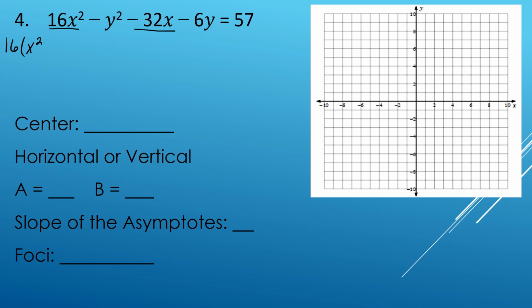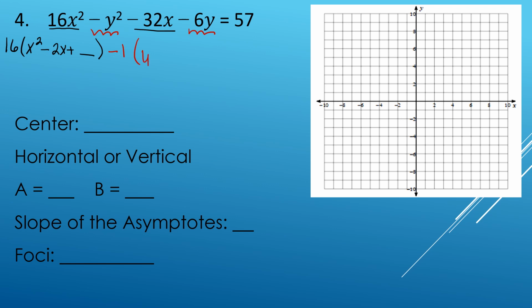So that leaves me with 16 multiplied by x squared minus 2x plus, fill in my little blank for completing my square. For the y squared term and the y term, I do need to factor out the negative 1 before I complete that square, so that I can make it a positive y squared in order to complete it.